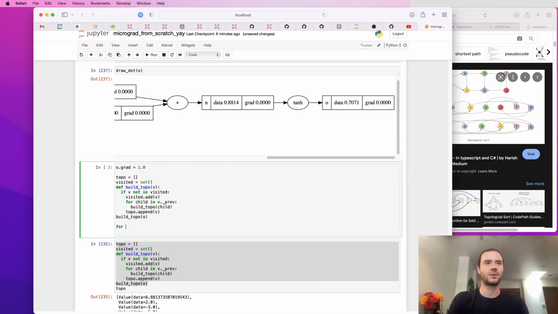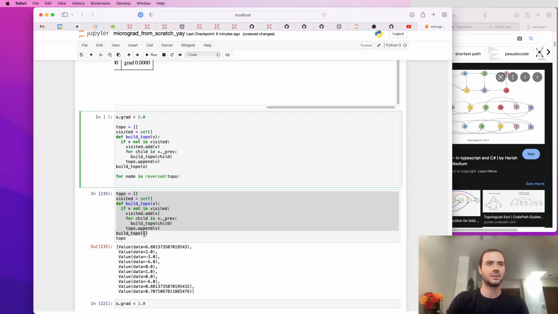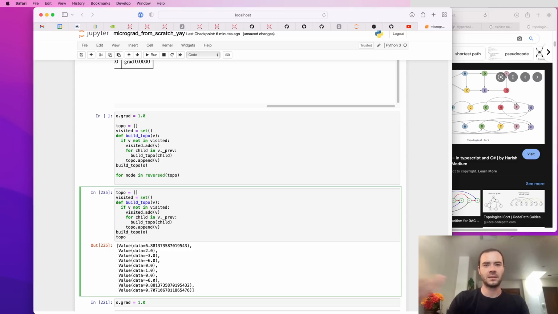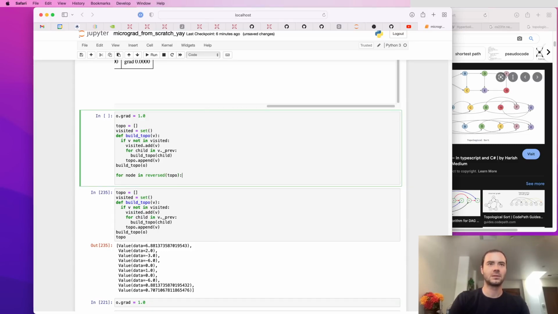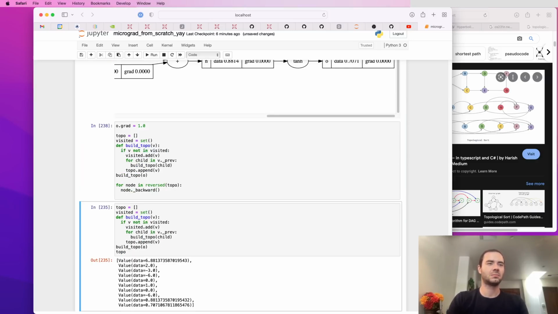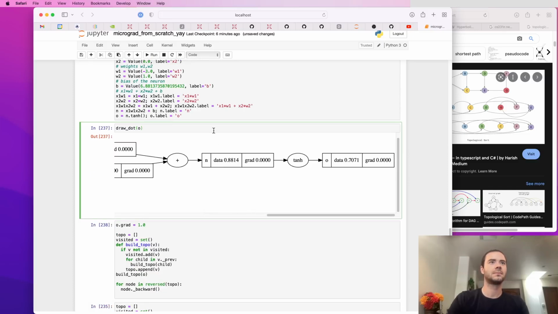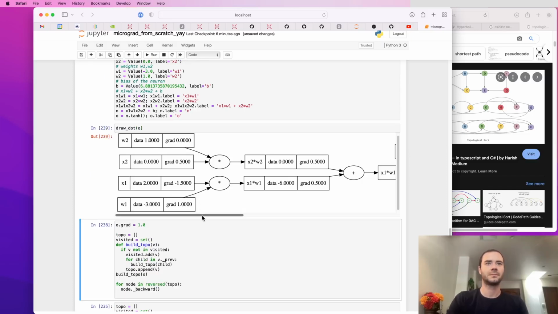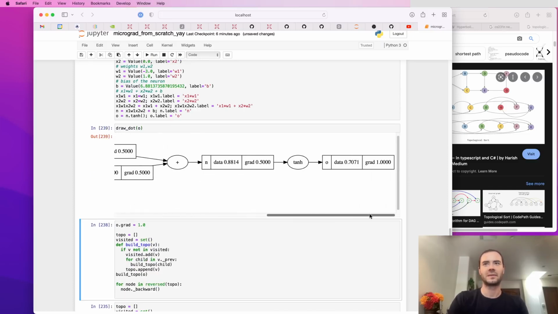And then we went for node in reversed of topo. Now, in the reverse order, because this list goes from, we need to go through it in reversed order. So starting at O, node._backward. And this should be it. There we go. Those are the correct derivatives.